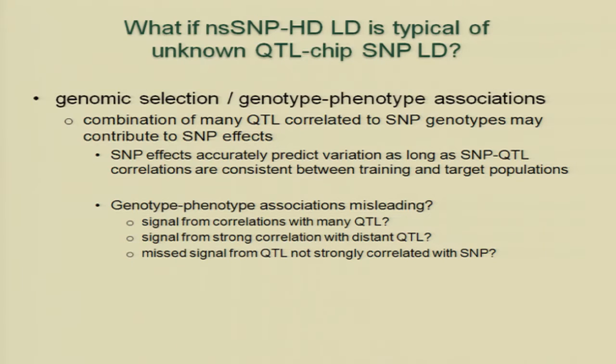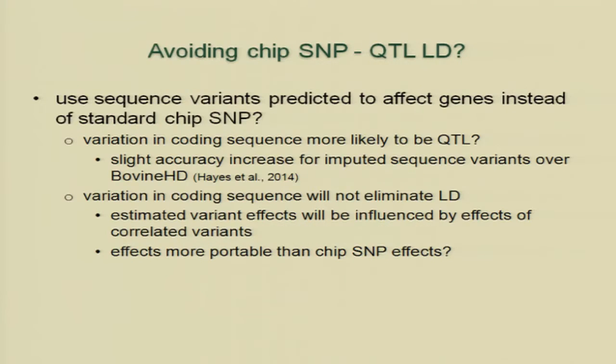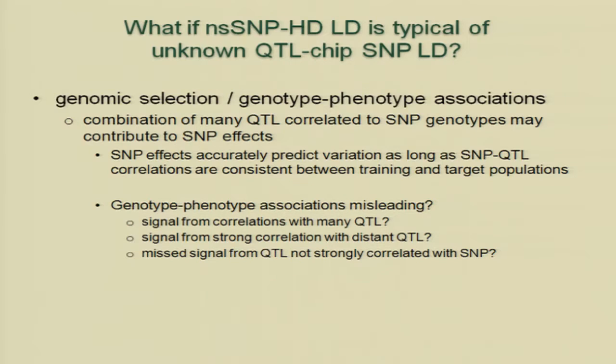But it could be misleading on what we get for associations between SNP genotypes and phenotype. What we see is a SNP that's strongly associated with phenotype could be the result of that SNP being correlated with the combination of lots of different QTL.